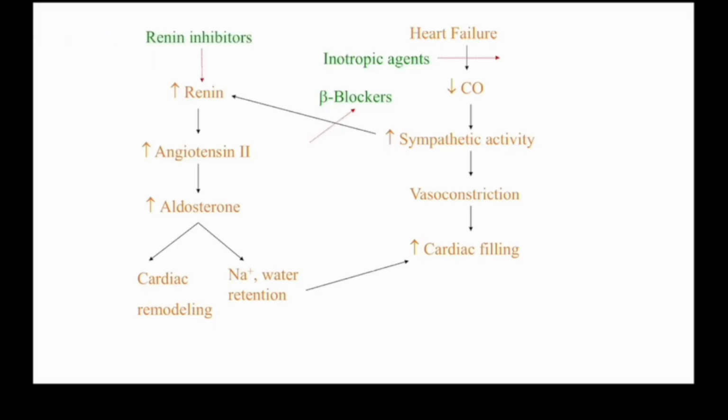Next, we can give renin inhibitors, which are in the pipeline, and we can block the conversion of angiotensin 1 to angiotensin 2, that is ACE inhibitors can be used, and then we can block the action of angiotensin 2 by giving angiotensin receptor blockers, ARBs. The aldosterone action can be blocked by mineralocorticoid receptor antagonists like spironolactone, and finally the fluid retention can be blocked by diuretics. So this is the foundation on which various drugs for cardiac failure are given. Hope this point is clear to you.